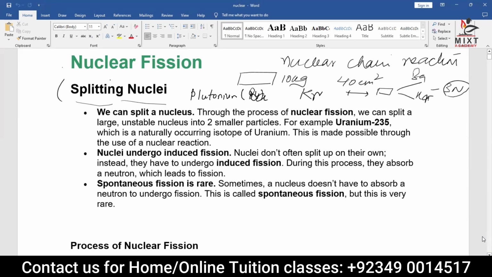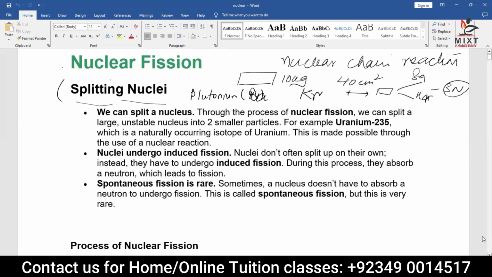Another element, plutonium, atomic number 94, is also used to perform nuclear fission reaction.